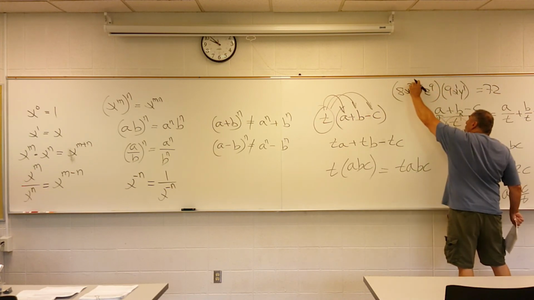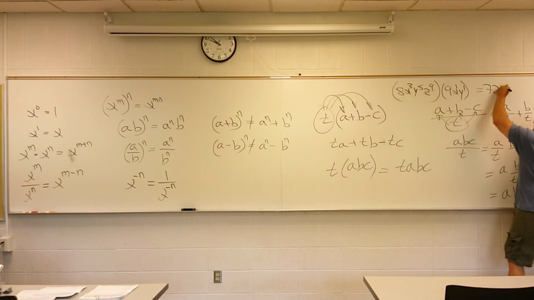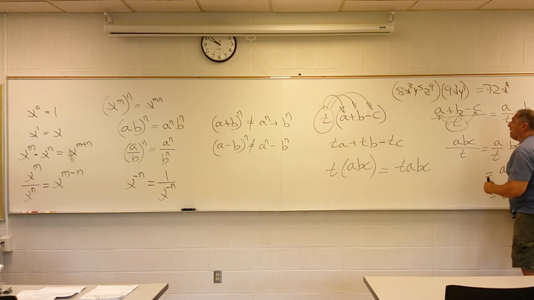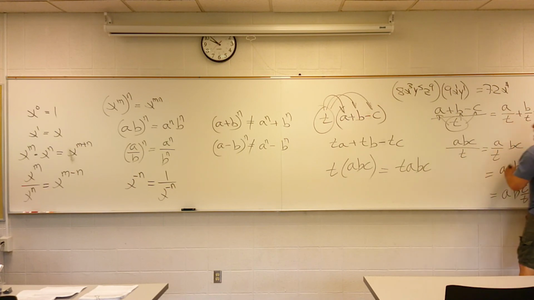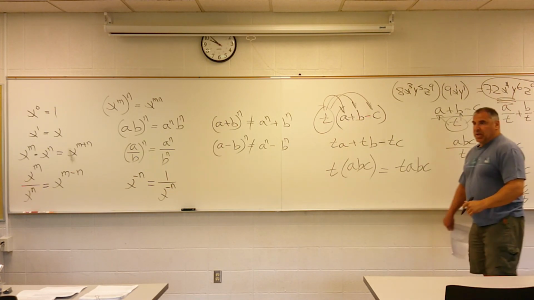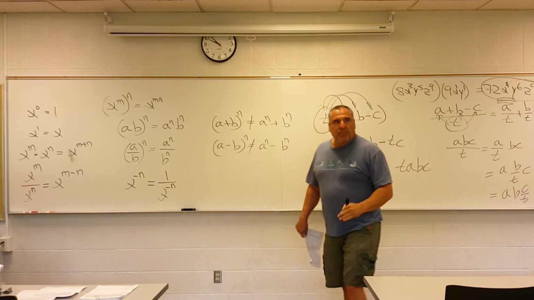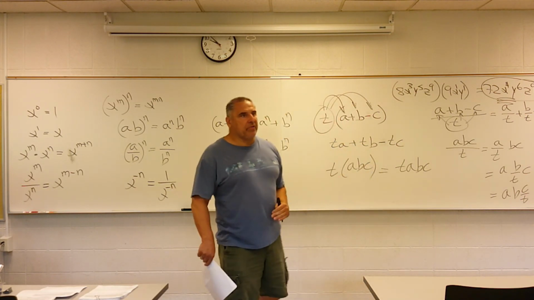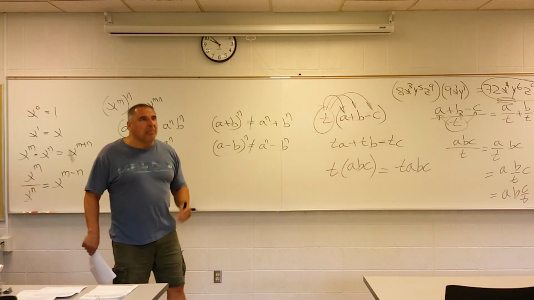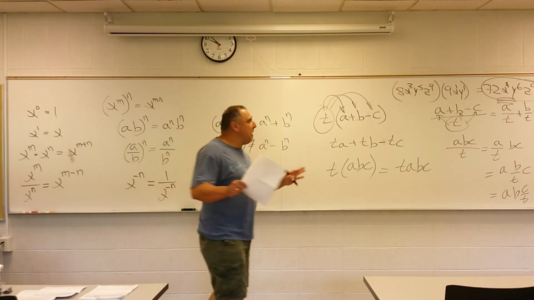Don't go 1 times 3 and get 3. Go 1 plus 3 and get 4. Y to the fifth, y to the 1, 5 and 1, 6. Z to the ninth, there's nothing being with it. Write it down. Notice though, I went numbers with numbers, like letters with like letters, and I obeyed what I had to do.